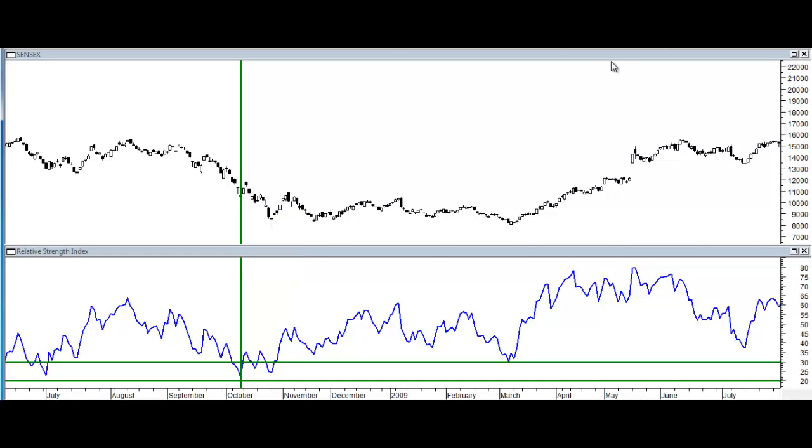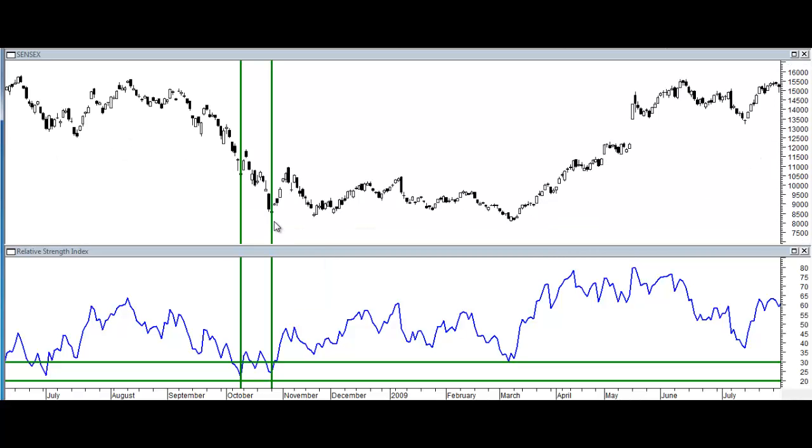Post that Sensex broke below that level and made a low at 7,700, whereas you can clearly see that RSI made a positive divergence in that particular zone, while prices made a lower low over here.